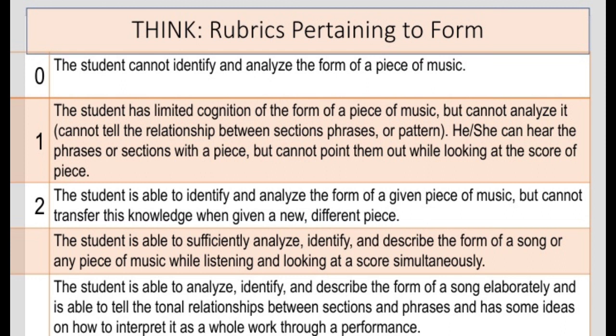So, 0 ang score ng student if she or he cannot identify and analyze the form of a piece of music. For 1, the student has limited cognition of the form of a piece of music but cannot analyze it or cannot tell the relationship between sections, phrases, or patterns. So, he or she can hear the phrases or sections within a piece but cannot point them out while looking at the score of the piece.